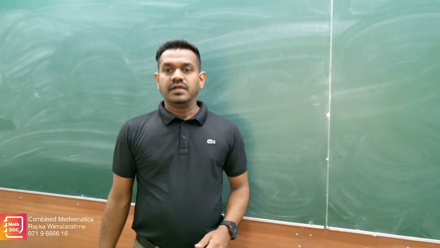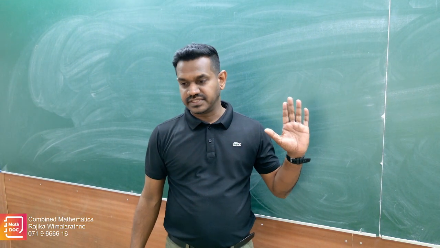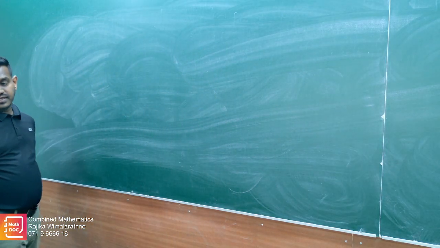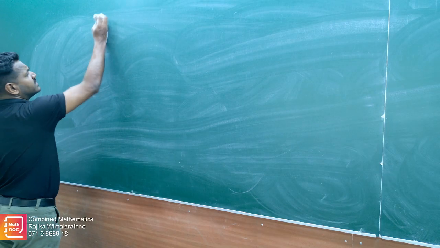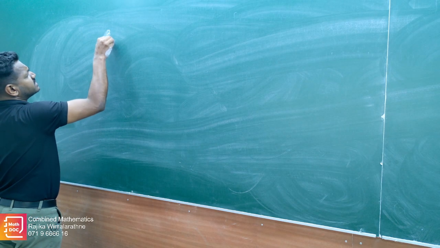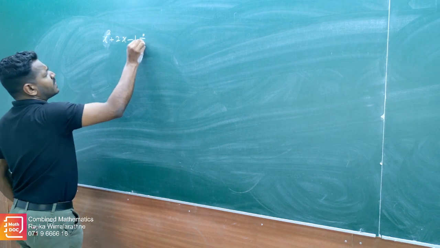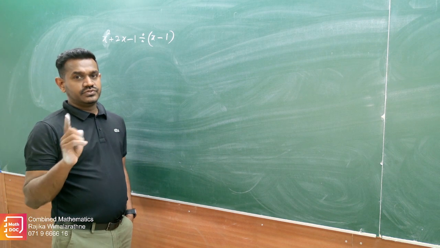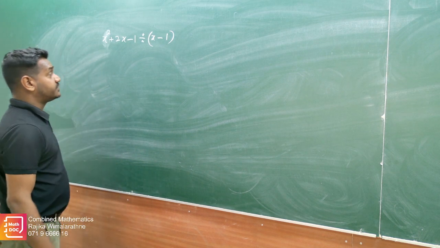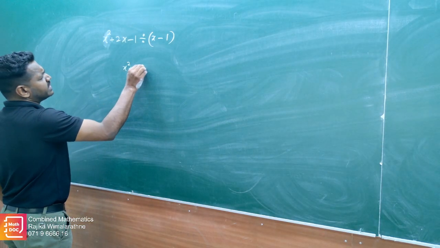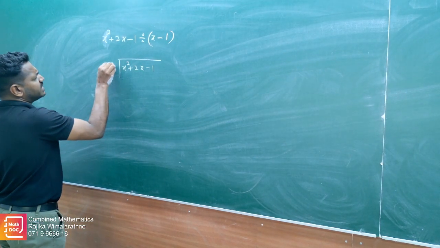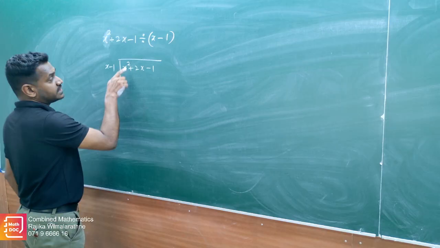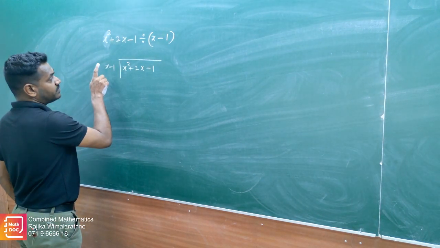Okay. Now you come to this relation. Here I'm going to divide the polynomial function x squared plus 2x minus 1 by x minus 1. Let's do this one by long division first. To obtain x squared, you need to multiply x with x.